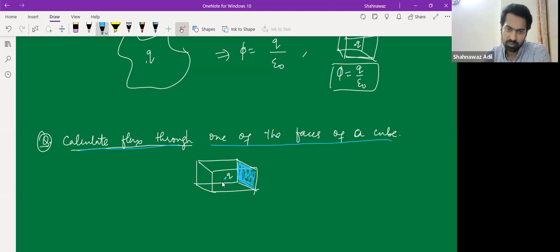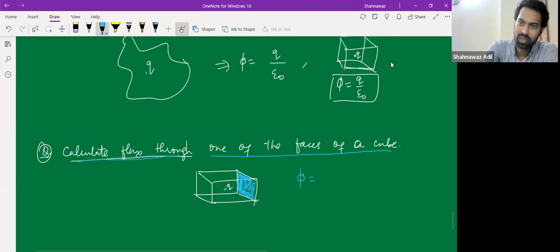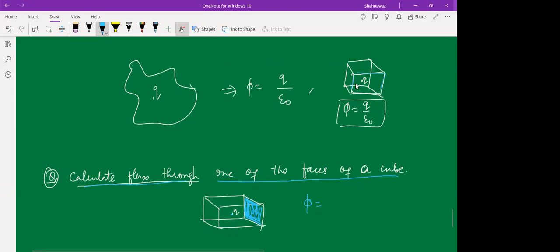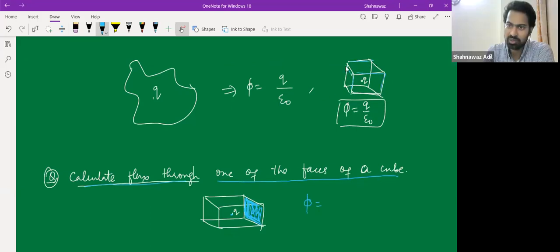The flux in this enclosed cube would be how much? So the flux through all these faces would be how much? Flux through the cube would be how much?